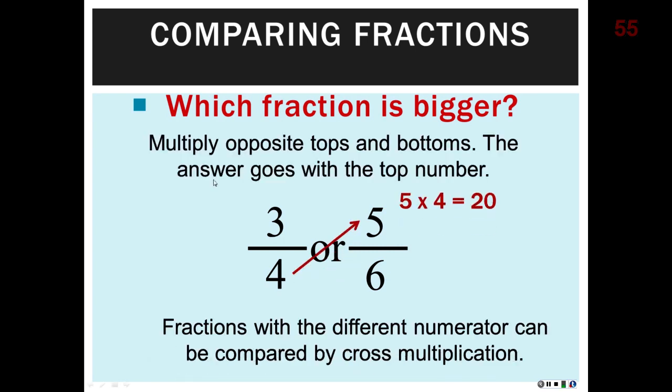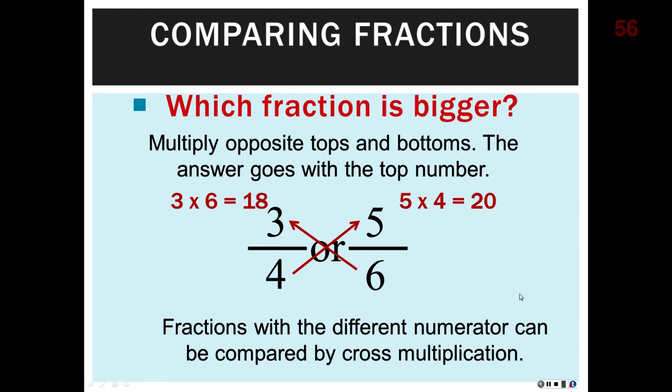Here's my shortcut. Take the bottom of one, multiply it by the numerator of the other. 5 times 4 is 20. Take the bottom of one, multiply by the numerator of the other. 3 times 6 is 18. 3/4 is less than 5/6.